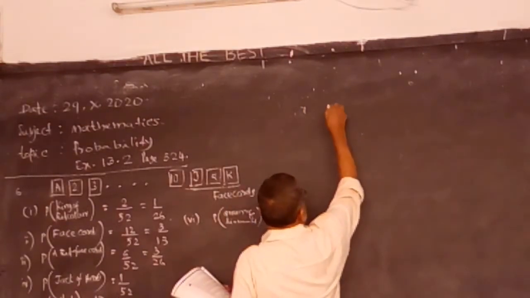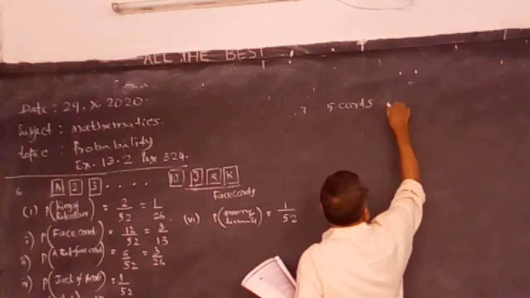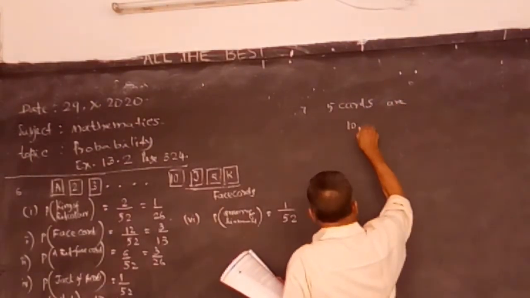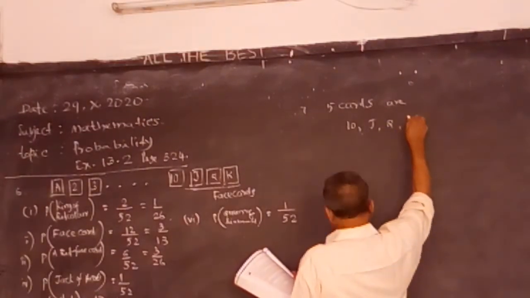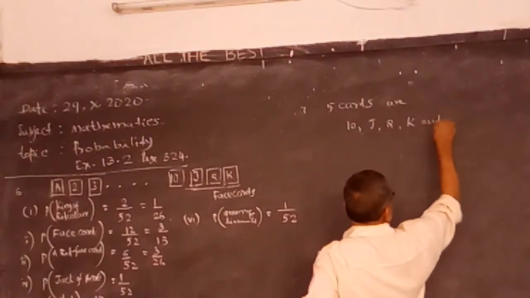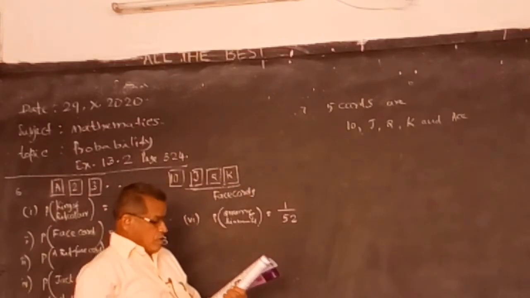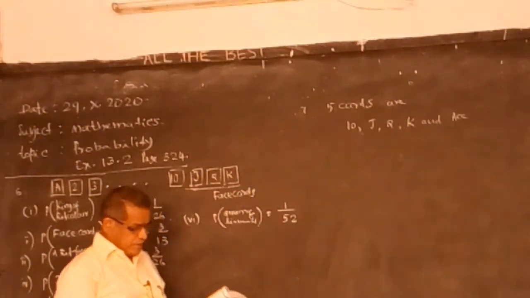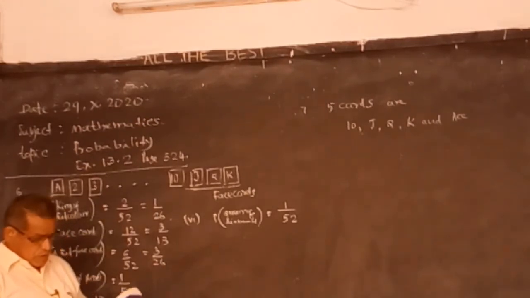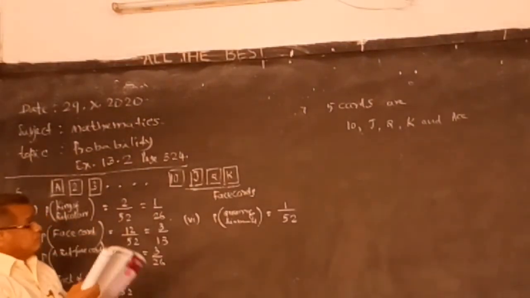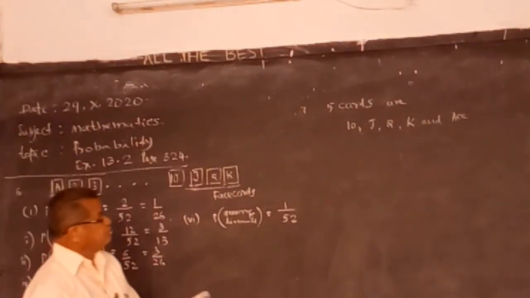Ten, jockey, queen, king, and ace. These are the 5 cards. The 5 cards are well shuffled with their faces downwards. One card is selected at random. What is the probability that the card is the queen?